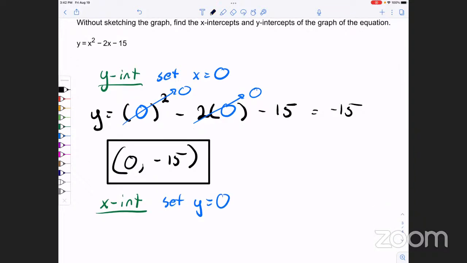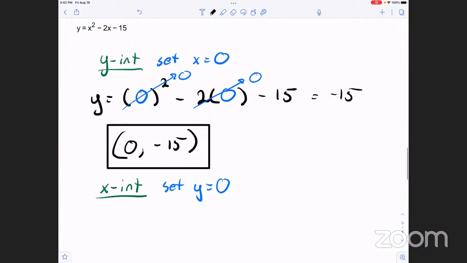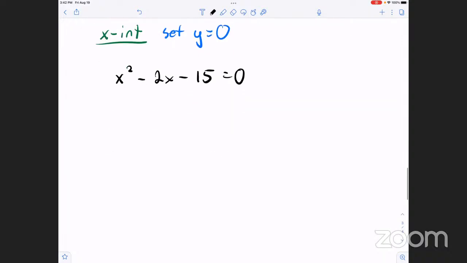So we replace every y with 0. I'm going to say x squared minus 2x minus 15 equals 0. Now we're into the special factoring.